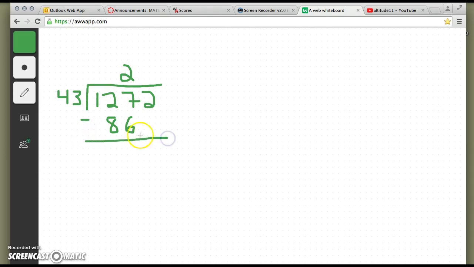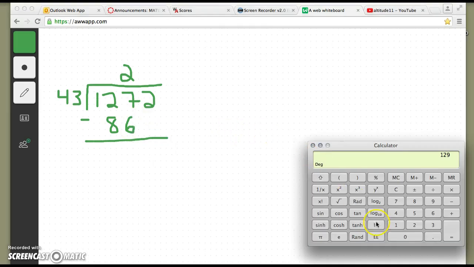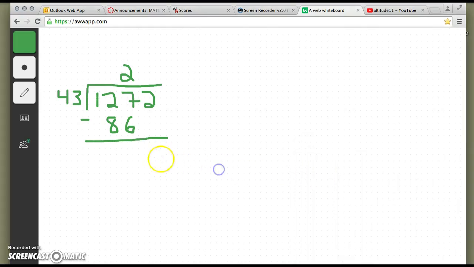All right, and what we're really doing is we're now finding the remainder, what we have left over when we take 127 and subtract 86 away. Let's see what we get. 127, take away 86, and we are left with 41. So once again, we're just subtracting here. We did 127 minus 86, and we got 41.